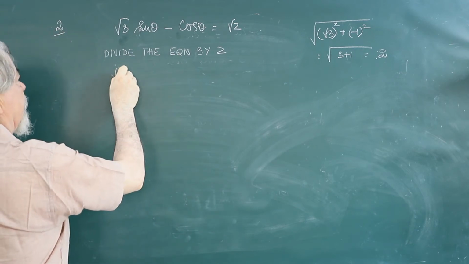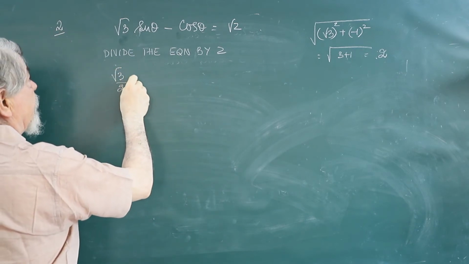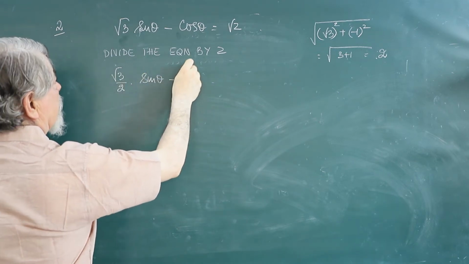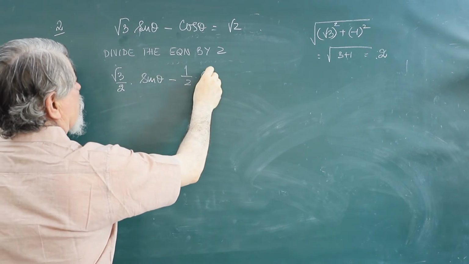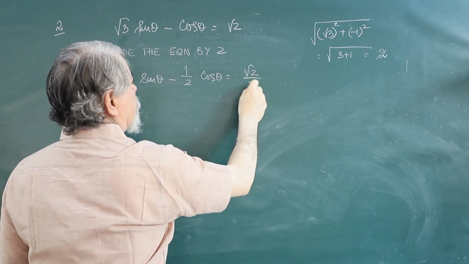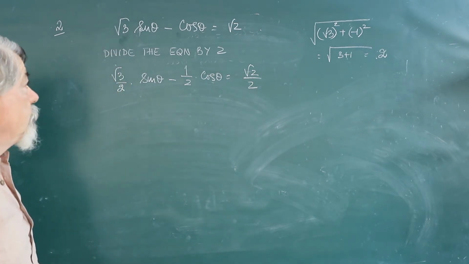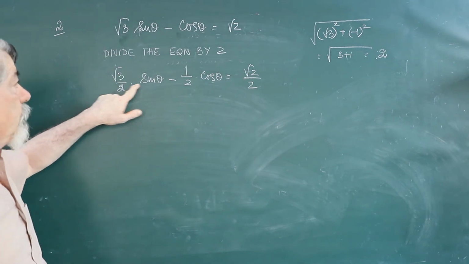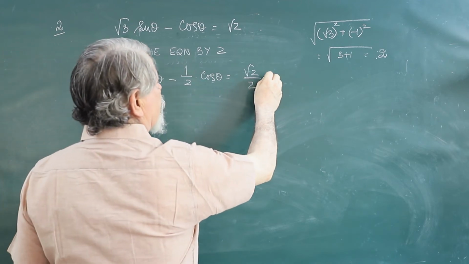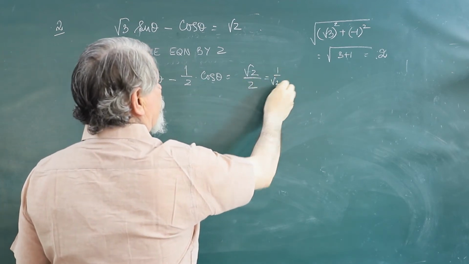If I divide it by 2, it will become root 3 by 2 sin theta minus 1 upon 2 cos theta is equal to root 2 upon 2, which will become 1 upon root 2.